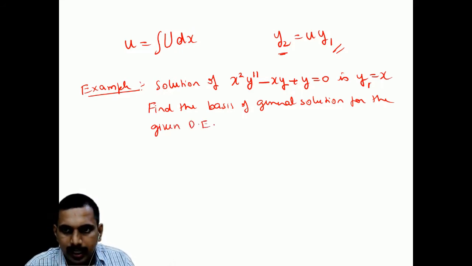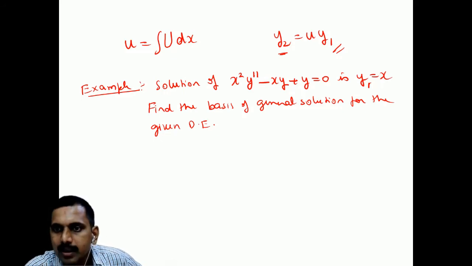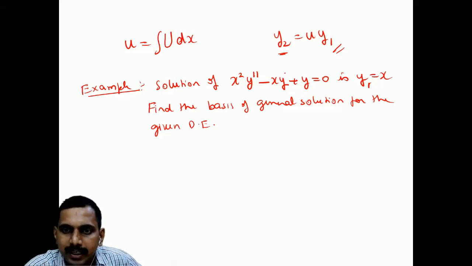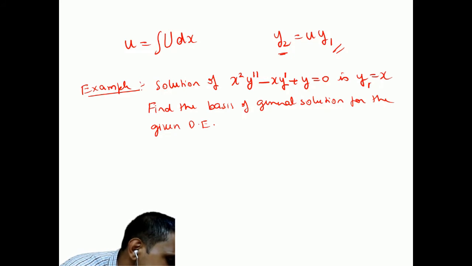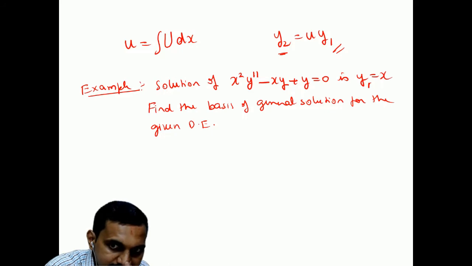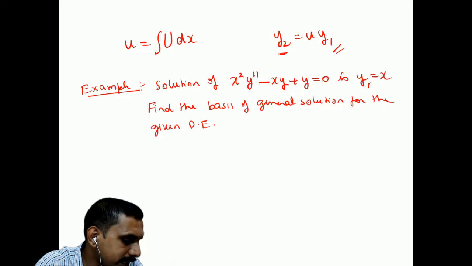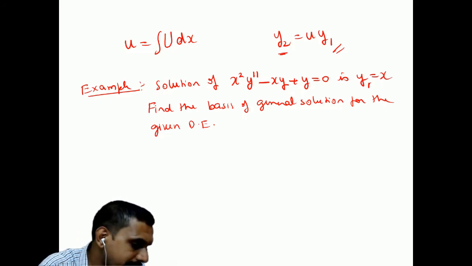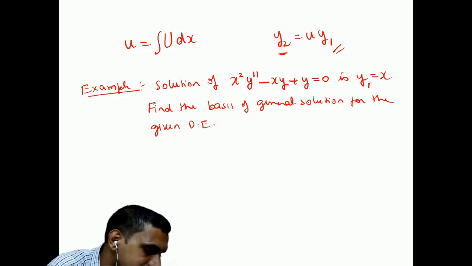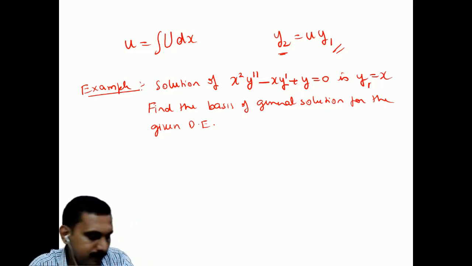Can we do that? Here let us check. y1 is x. Because y1 is x, y1 dash is 1, correct? Sorry, this is xy dash only, I am sorry. It is x square y double dash minus x y dash plus y. There is a mistake in the textbook, they have missed this dash.